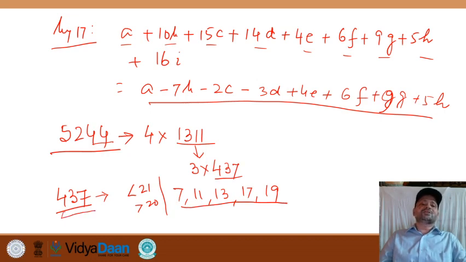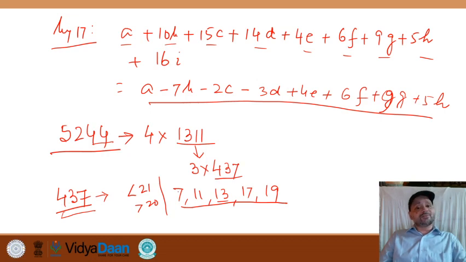With 7 it is not. So you can say 7 plus 9 plus 2 into 4, so it is not divisible by 7. Go by 11. By 11, 7 plus 4 minus 3, it is not divisible by 11. By 13 also you can use the formula a plus 10b plus 9c, so 7 plus 10b 30, 37 plus 9c 14.